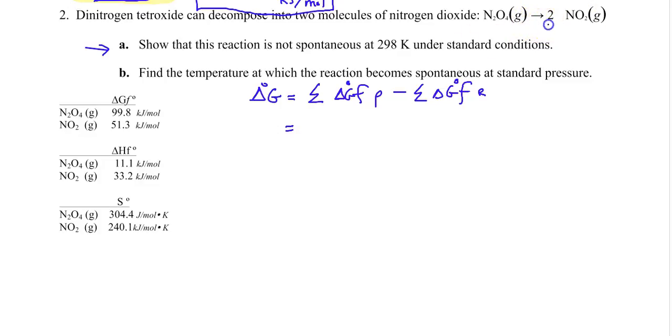So we start with our products, and it's going to be what? 2 NO2s, and NO2 is 51.3. And that's going to be minus just the one reactant, N2O4, which is 99.8. And we do our math, delta G standard for the reaction is equal to 2.8.